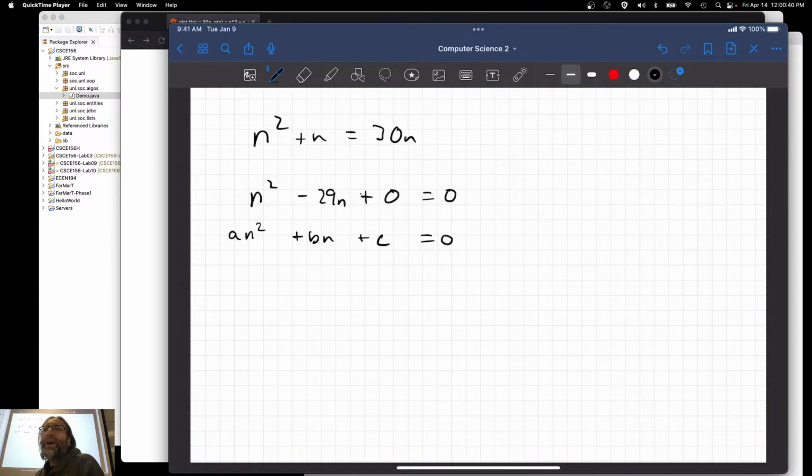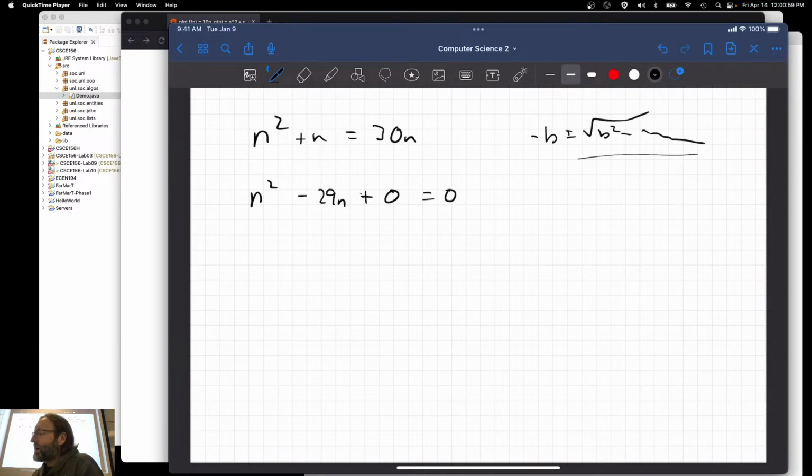How do you solve for n now that you see it's a quadratic polynomial? What's one tool you can bring to bear? This should be driven into your brains by now. Negative b plus or minus the square root of b squared minus 4ac.